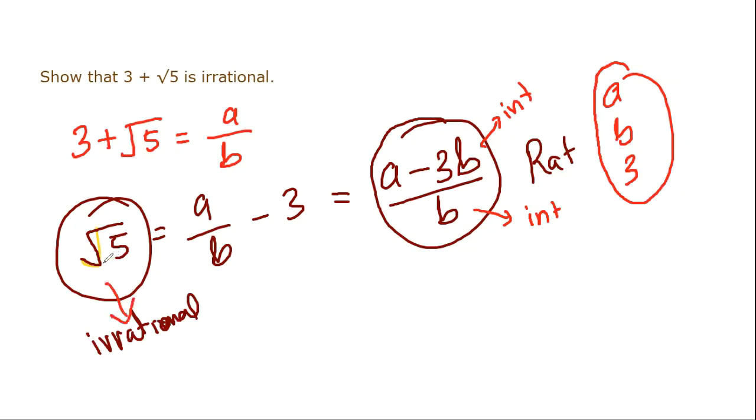So we cannot equate root 5 with an expression like a minus 3b by b. So this is a contradiction to the fact that we have already proved in question number 1. So our assumption is wrong. That means this is a proof that 3 plus root 5 is an irrational value.